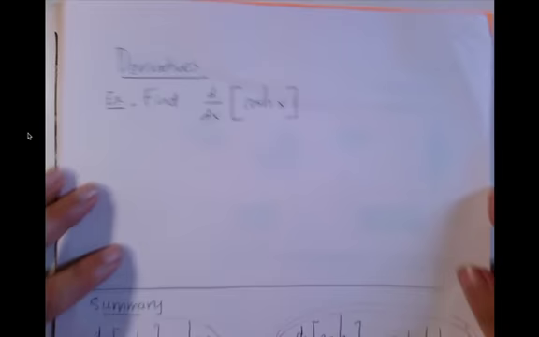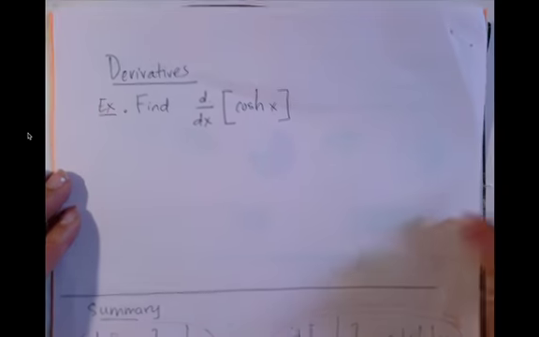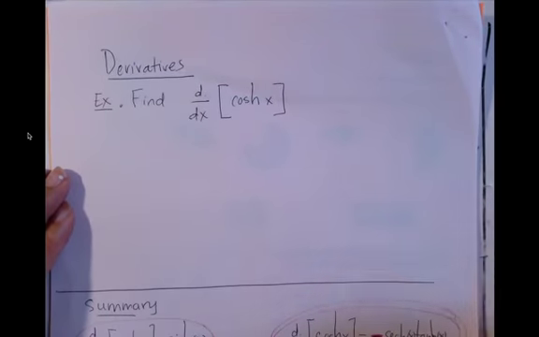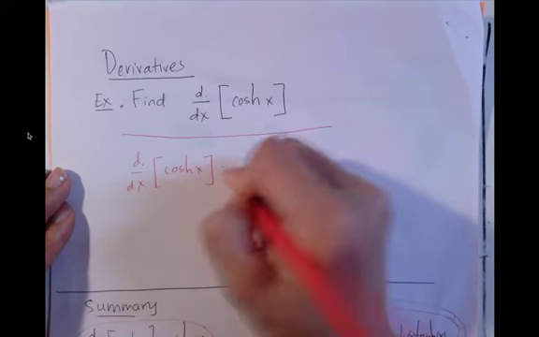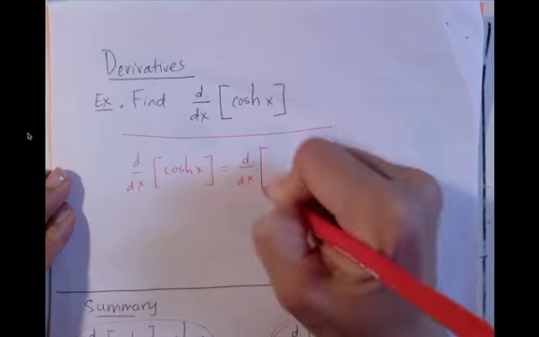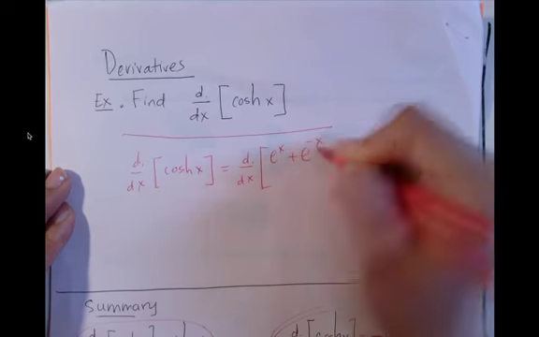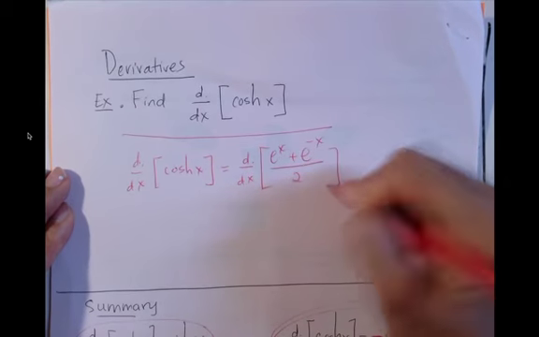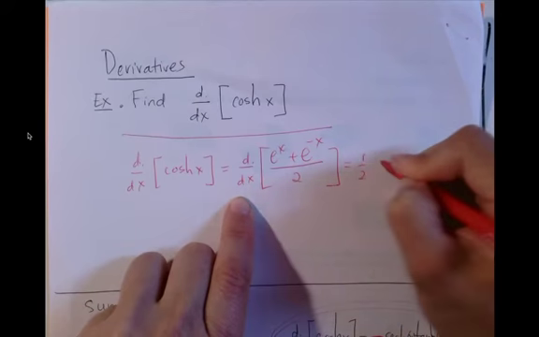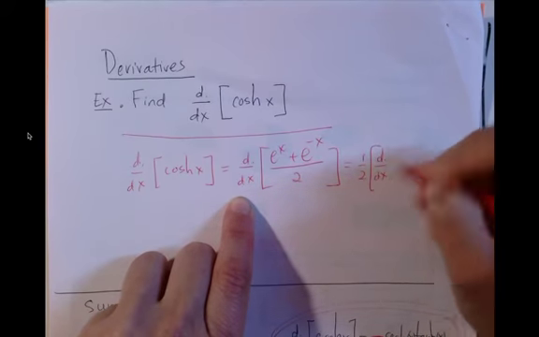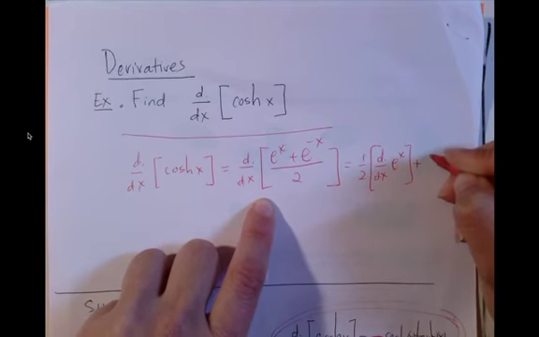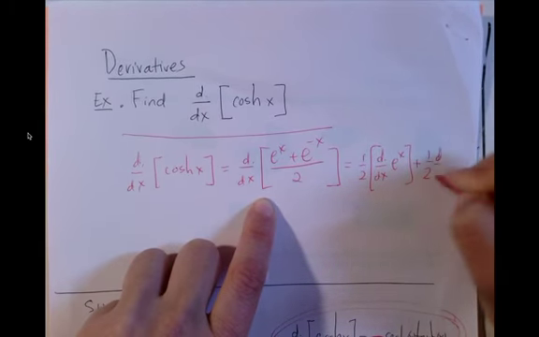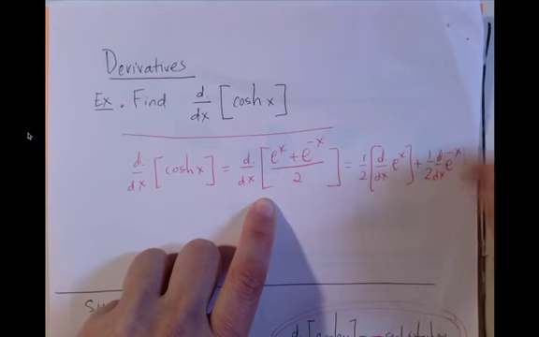The last thing I want to talk about is derivatives of hyperbolic trig functions. Once again, if we want the derivative, we're just going to use the definition. We're going to take the derivative of e to the x plus e to the opposite x over 2. So this is just 1/2 d dx of e to the x plus 1/2 d dx e to the opposite of x.